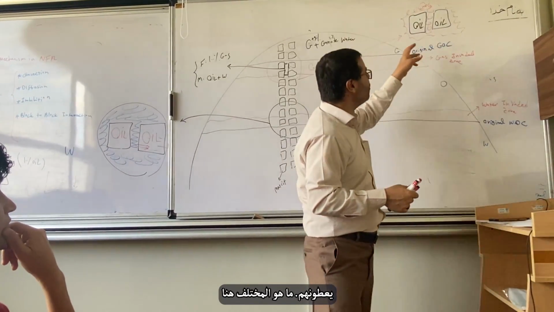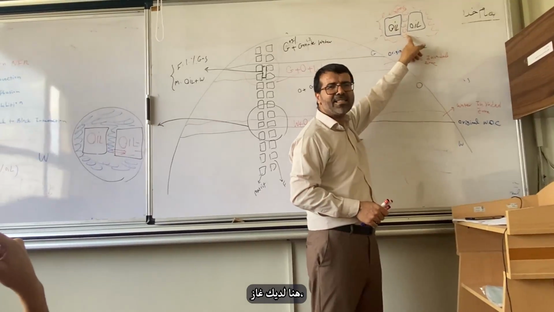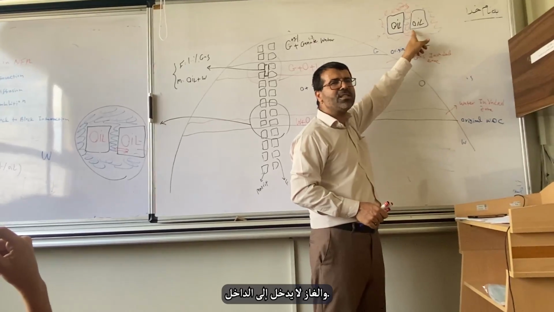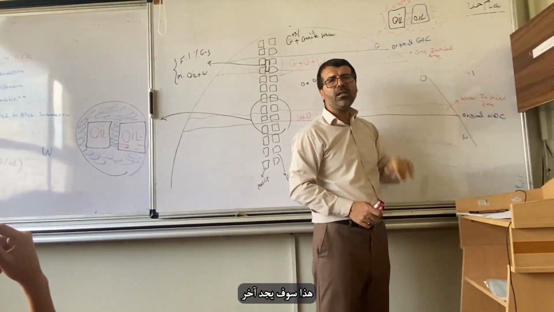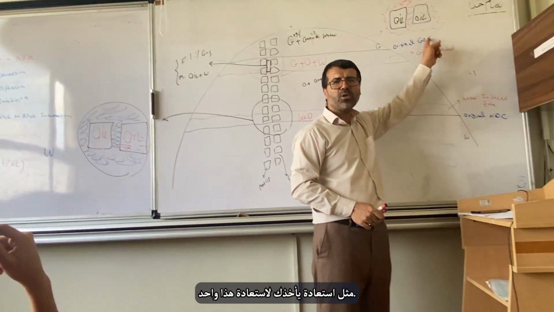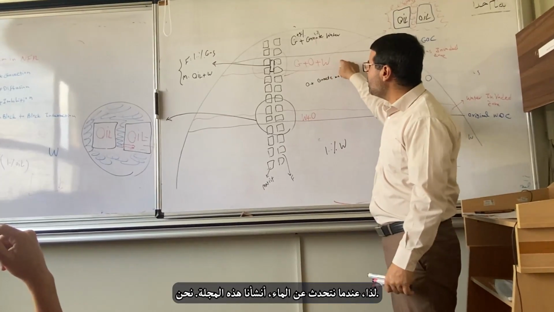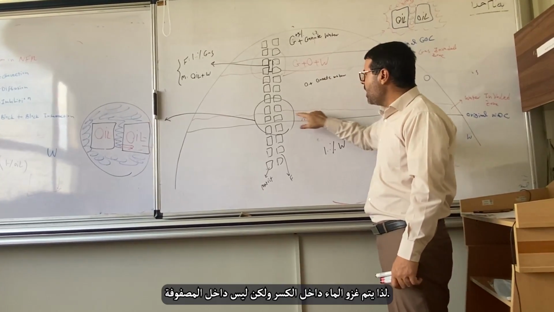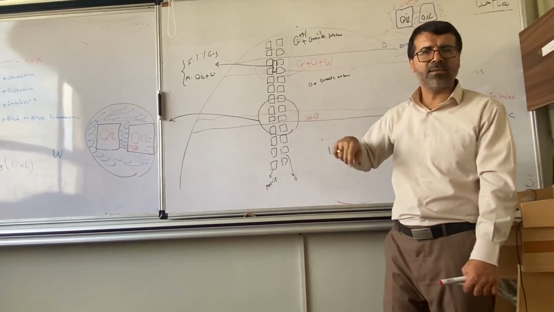But here it's different. Here you have gas, and gas doesn't go inside these pores. You need to find another recovery technique to recover this oil. So when you are talking about the water invaded zone and gas invaded zone, it's invaded by the water inside the fracture, but not inside the matrix.